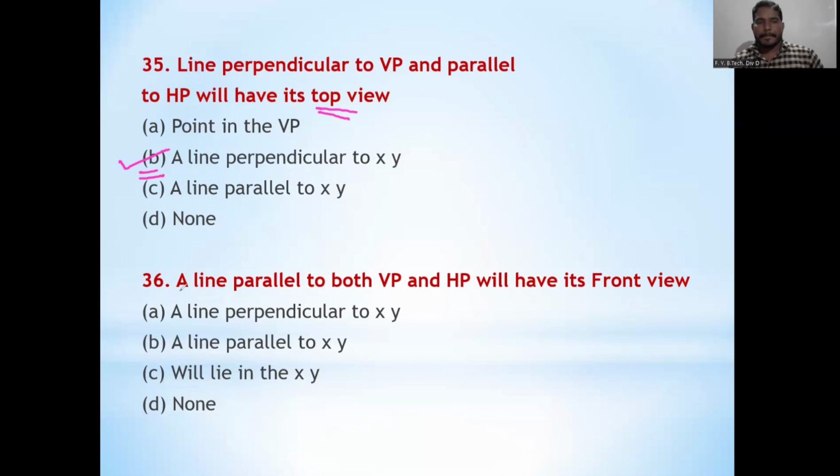Then next, 36, a line parallel to both HP and VP. Okay, this is the condition. Suppose this is the vertical plane. If you see, the line is parallel to VP and is parallel to HP also. In this case, its front view has been asked, so we'll draw a sketch here.